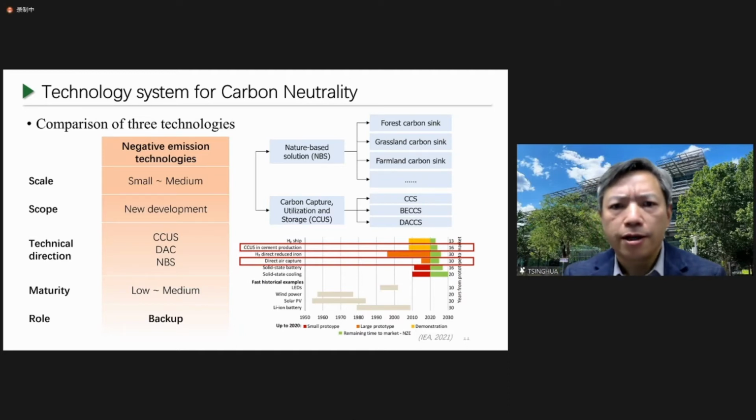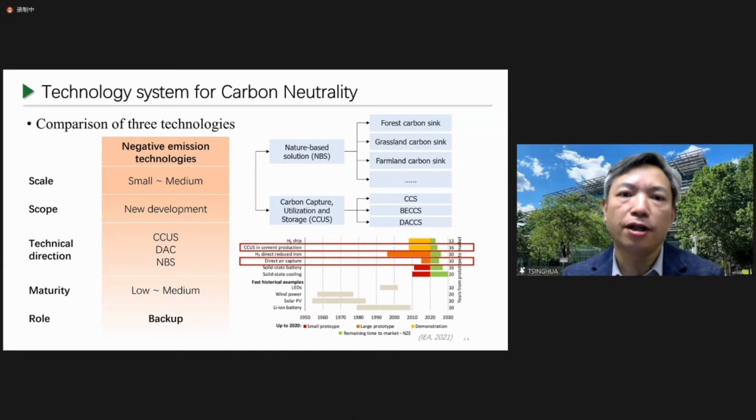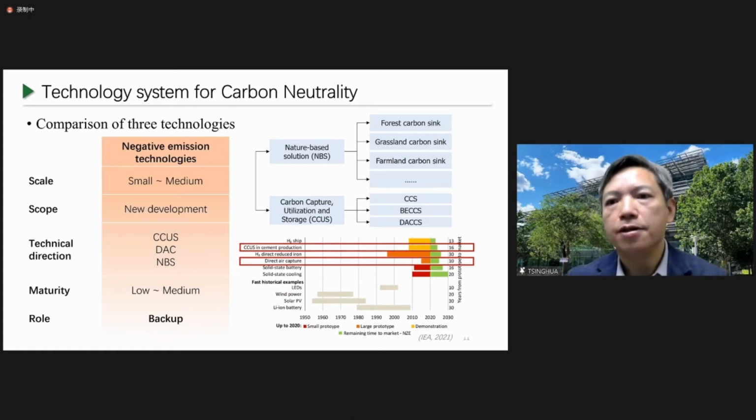Fossil fuel cannot be completely replaced because a small portion has to be retained in the electric power system to stabilize generation and power supply. And some emissions from industry can't be completely reduced because of high cost or immature technology.